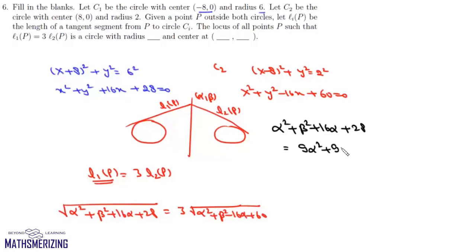9 alpha square plus 9 beta square minus 16 into 9 alpha plus 540. Now this is 8 alpha square plus 8 beta square and then minus 160 alpha. Now 540 minus 28 is 512.